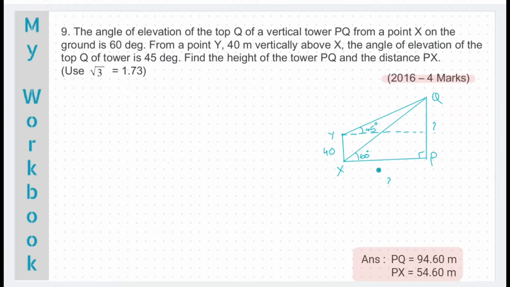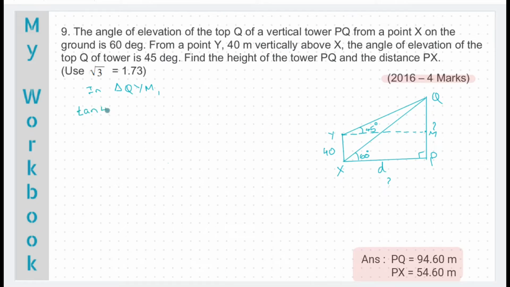So let's denote the distance between the point on the ground and the tower's foot as D. Let's name this point as M. Now, in triangle QYM, the angle is 45 degrees.